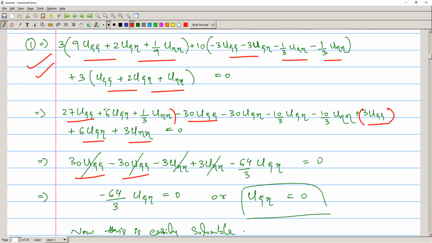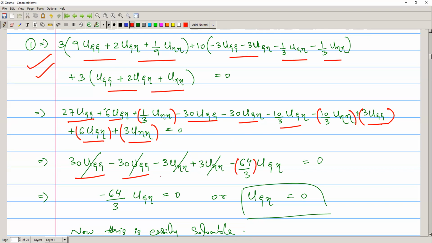We'll add these all u eta etas. So we will get negative 3 u eta eta plus 3 u eta eta. So this will cancel out also, and then we will add up all these psi etas, right? So we will get negative 64 over 3.